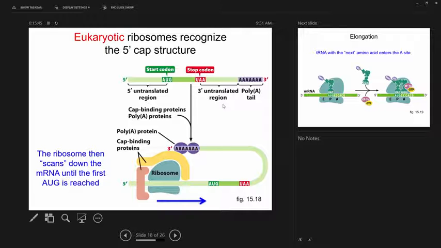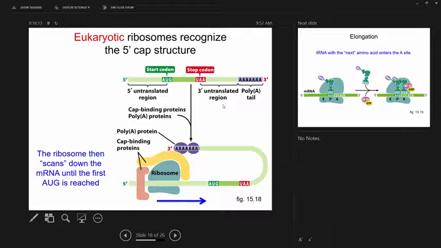Not shown here is the initiator transfer RNA that has an anticodon that will recognize the AUG start codon. So the small subunit starts here, and it just moves from 5' to 3' down the messenger RNA in the untranslated region until it finds the first start codon.